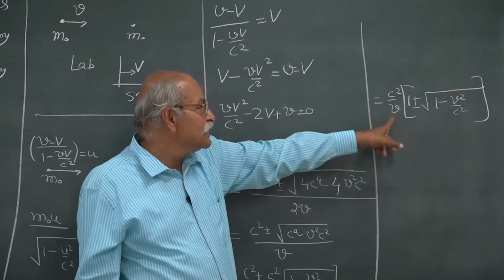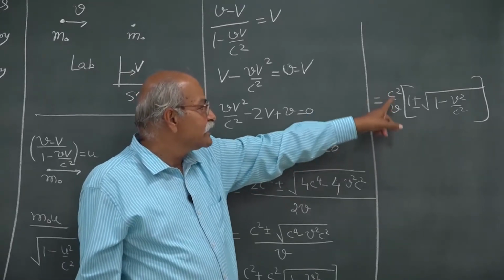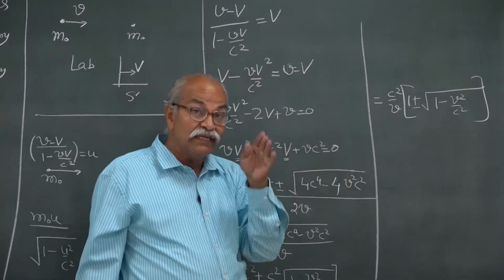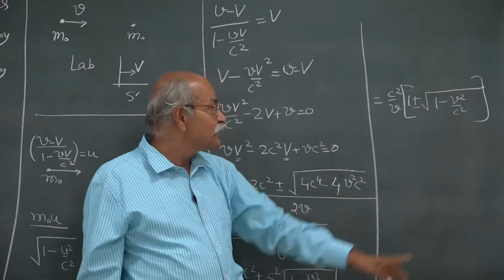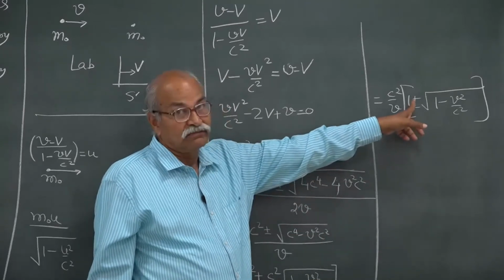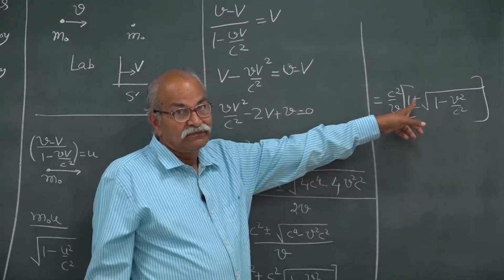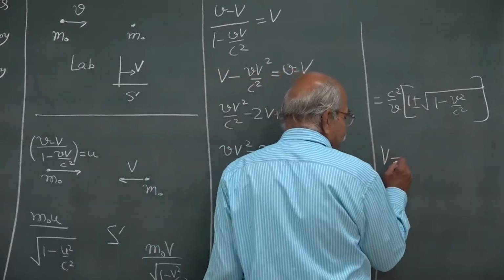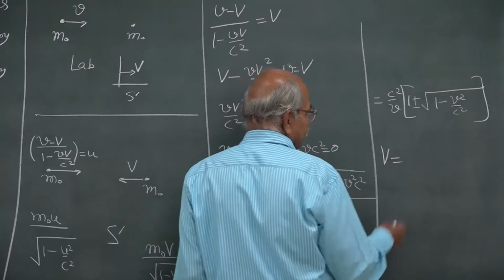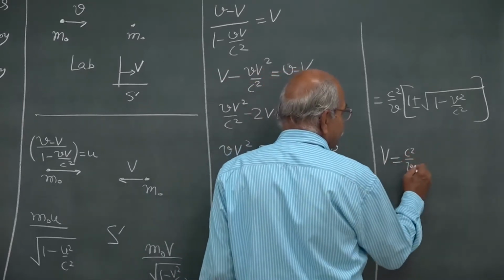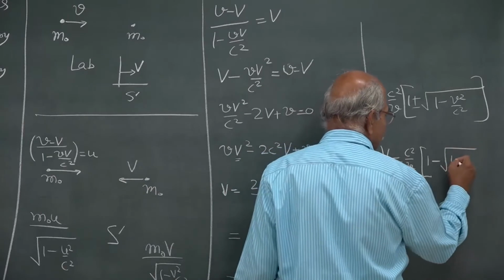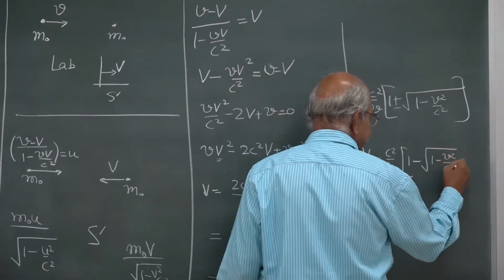So, this quantity is already greater than c, and this capital V also cannot be greater than c, and therefore this plus sign is ruled out. Hence the frame velocity is c square by v times 1 minus square root of 1 minus v square by c square.